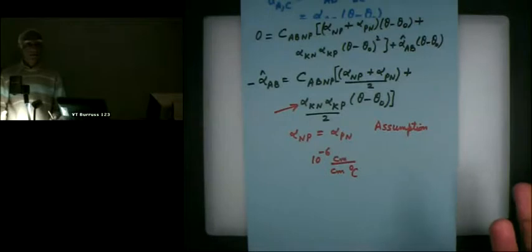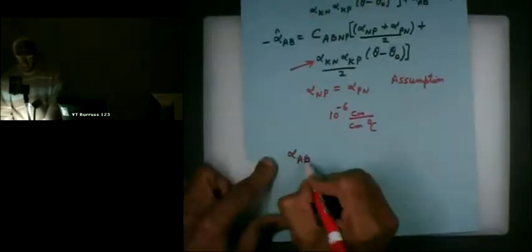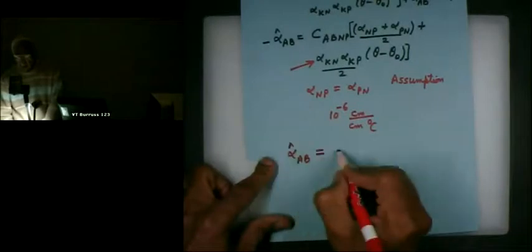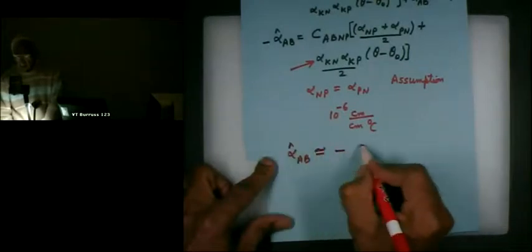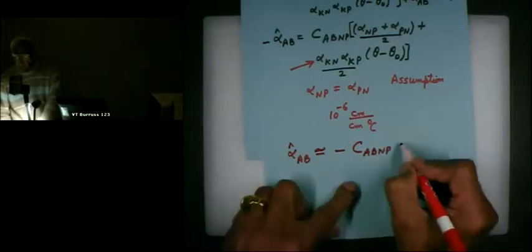So our theory is not applicable if you change the temperature by a lot. So we can neglect this term. So we can say then that alpha_AB hat is nearly equal to minus C_AB NP alpha_NP.